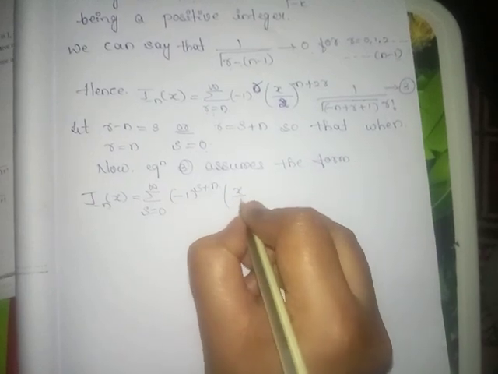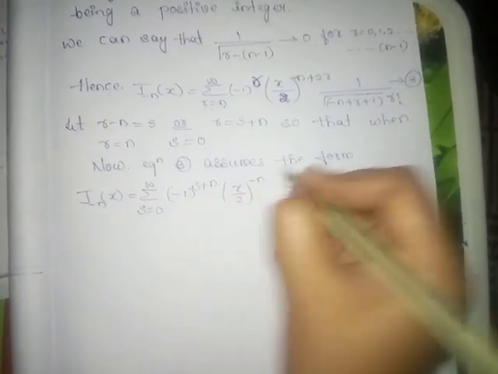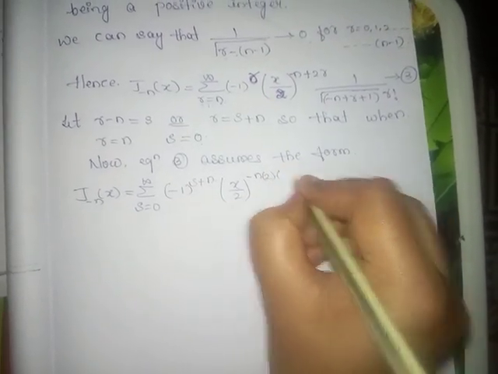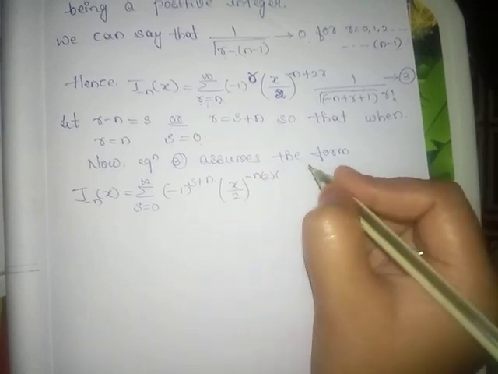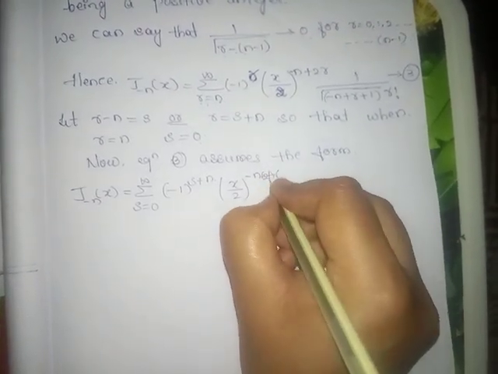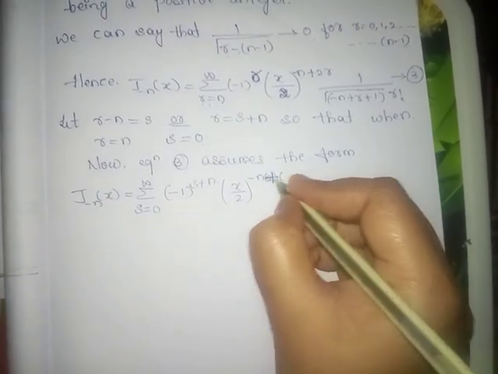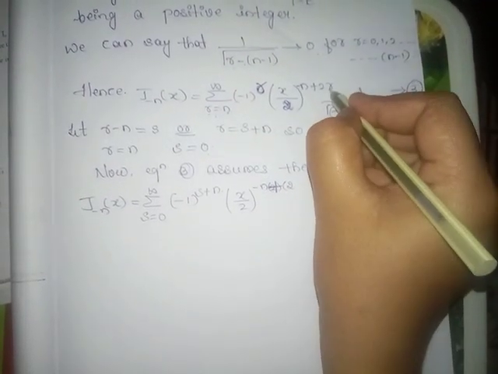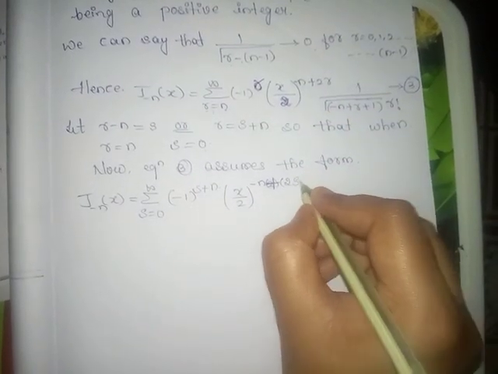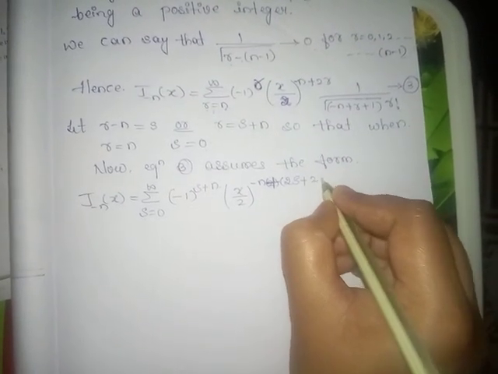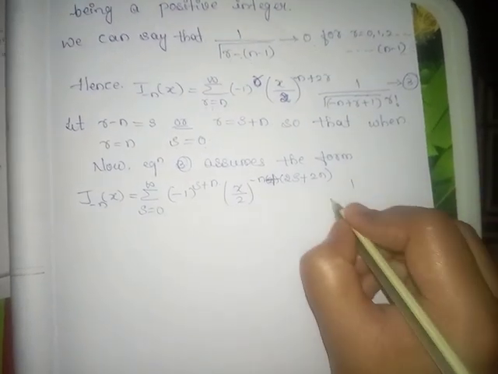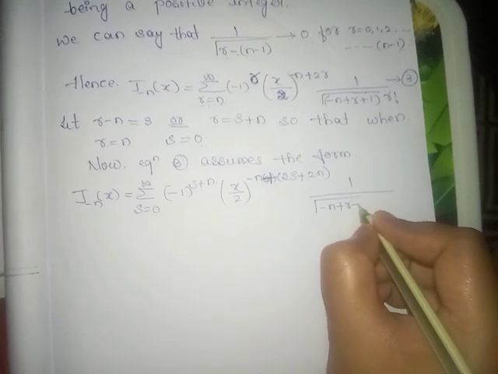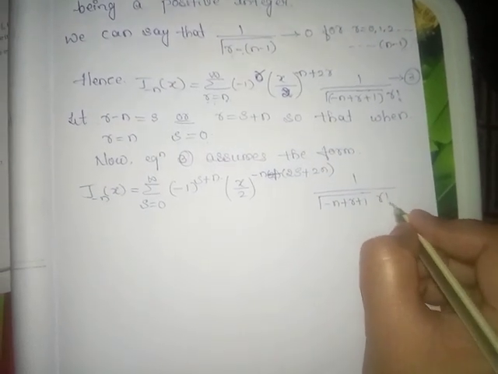Then x by 2 raised to minus n plus 2 into r, where r is s plus n, therefore 2s plus 2n. Remaining is 1 divided by gamma of minus n plus r plus 1 into r factorial.